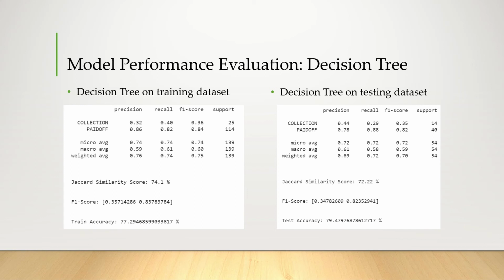For model evaluation, I chose two different approaches. The first approach is for a single model: I compare the model accuracy between the model performance on the training set and on the test set.